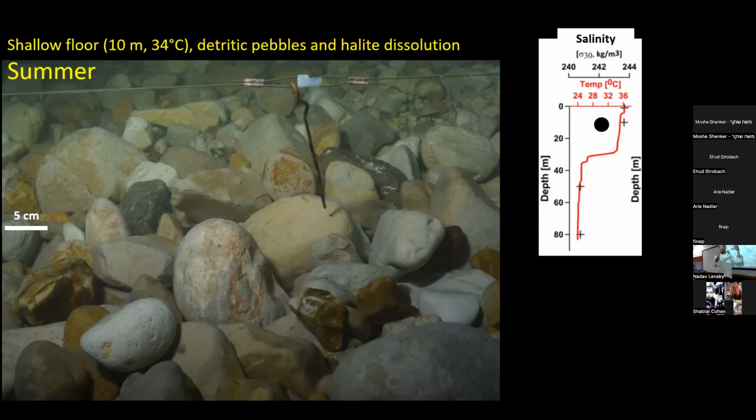You have boulders, we are 10 meters below sea level. Depth, temperature, saltier and saltier, but so much warmer, so we have the dissolution of salt. So these are pebbles of chert, limestones, dolostone, whatever we know from here.